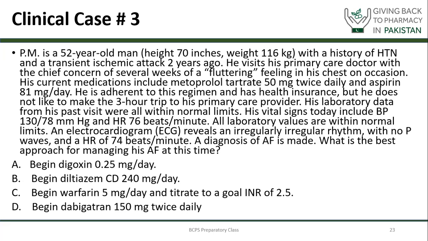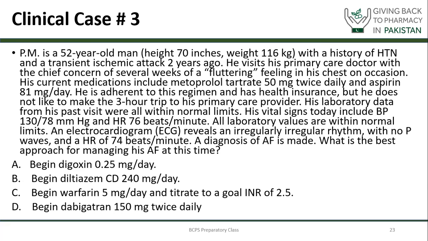His current medications include metoprolol tartrate 50 mg twice daily and aspirin 81 mg per day. He is adherent to his regimen and has health insurance, but he does not like to make a 3 hours trip to his primary care provider. His laboratory data from his past visit were all within normal limits.